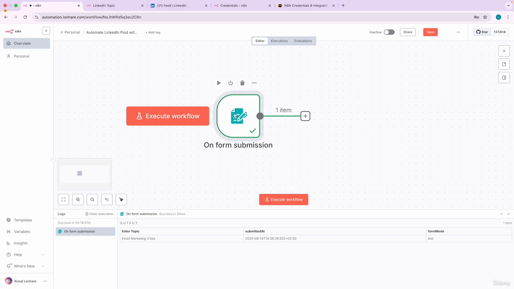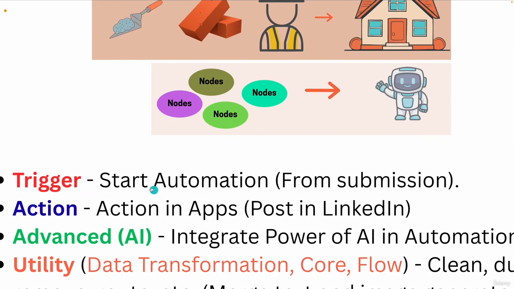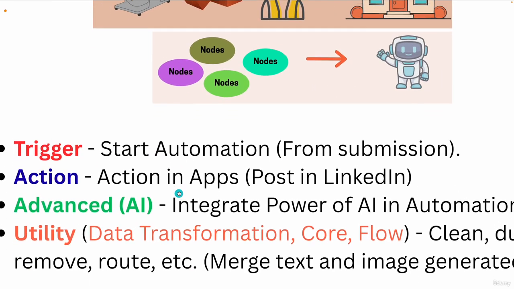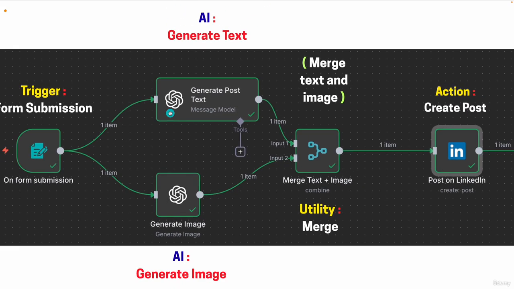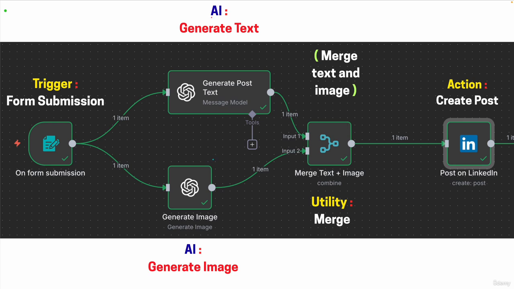Now once we have created our trigger node to start the automation, what we are going to do is take the help of AI. First we will take the help of AI to generate our text. In this form submission we asked the user about the topic.